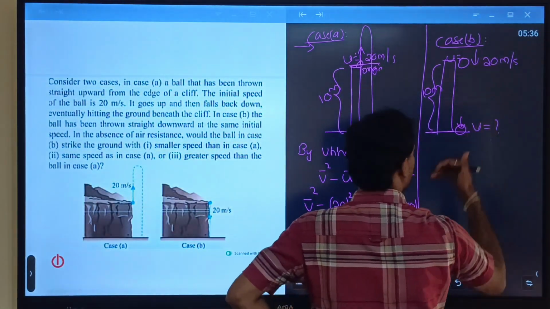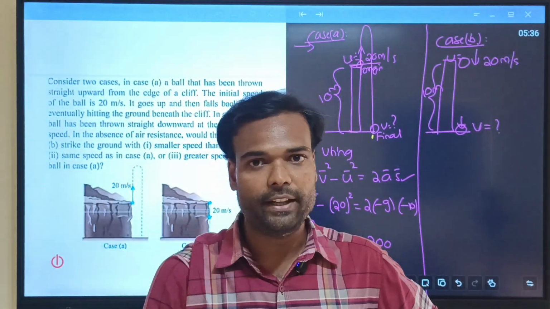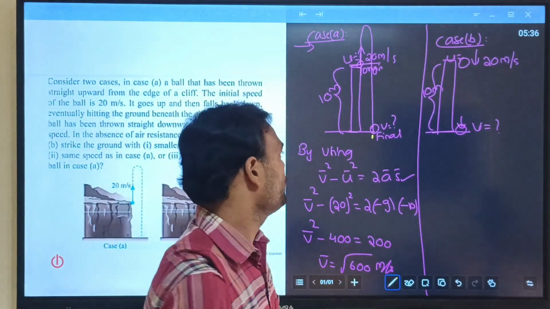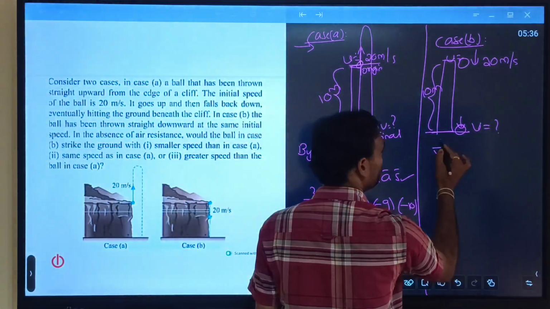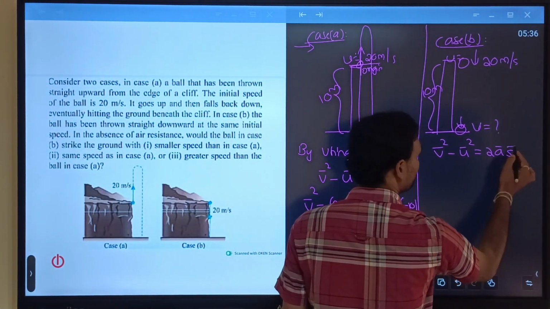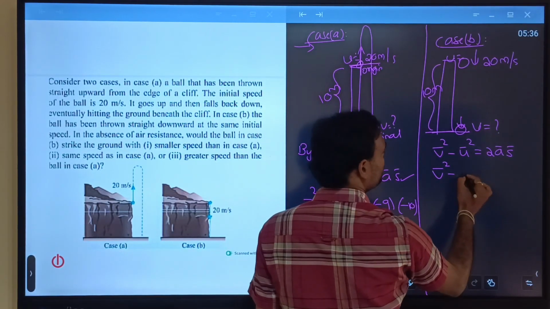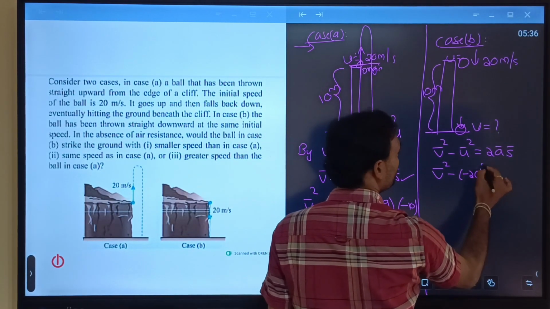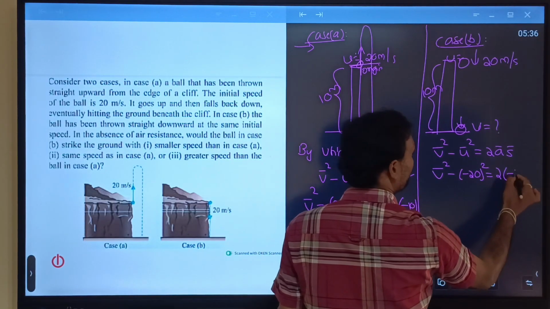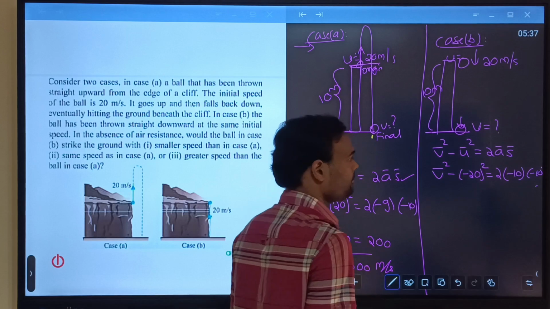Similarly, in the second case, let us see. Here also the given components remain the same: initial velocity, final velocity, and displacement. So again we use the same formula: v square minus u square equals 2as, and v is what we are going to find, u value is minus 20, squared, 2 into minus 10, since displacement is minus 10.